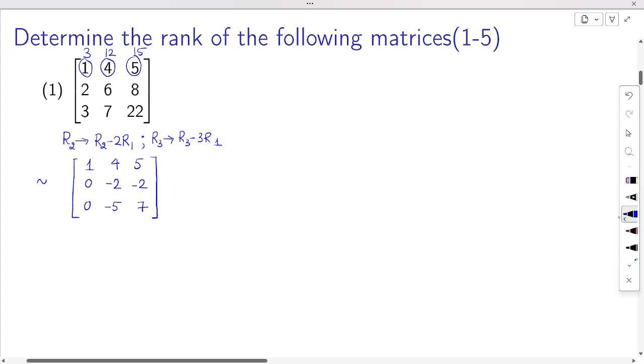Now we apply this operation on row 2, that is, divide row 2 by minus 1 by 2. So we get this matrix.